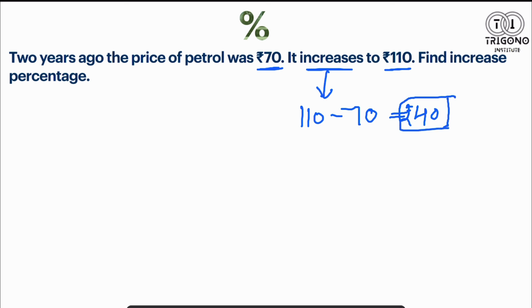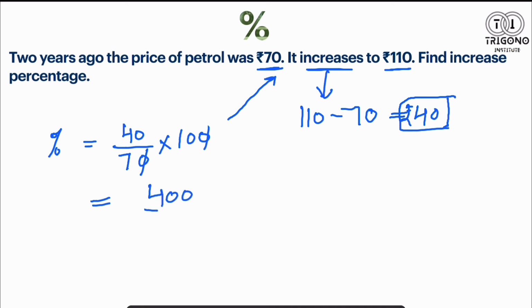What is the original price? Original price is the price at the starting. So the original price is 70 rupees. So now what is my percentage? 40 divided by 70 and at the end multiplied by 100. There is nothing to cut, so you will write 400 over 7.